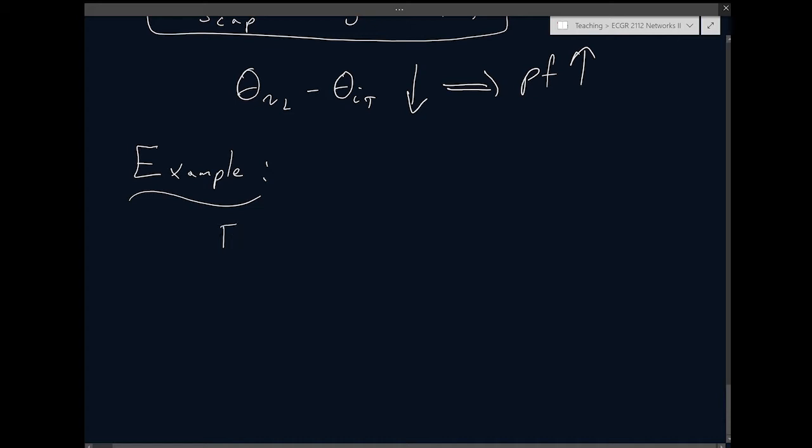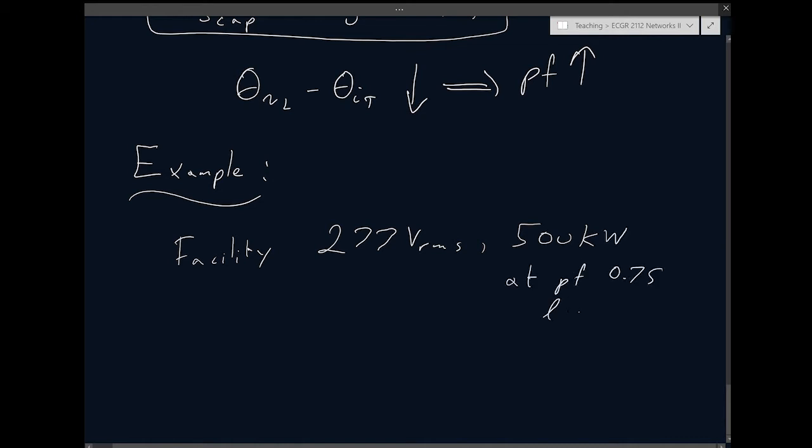We have a facility operating at 277 volts RMS, 500 kilowatts real power at a power factor of 0.75 lagging. So this is not a very good power factor. Typically you want a power factor of 0.9 or higher.